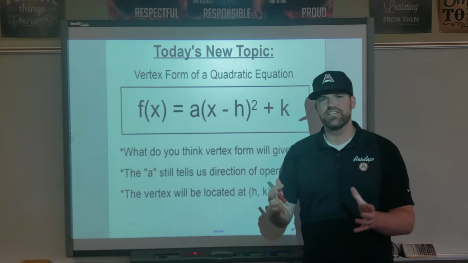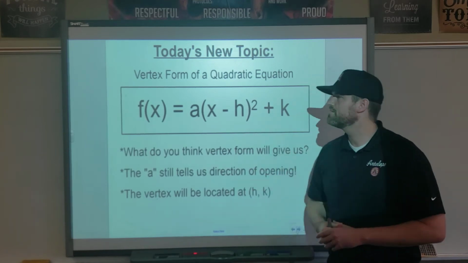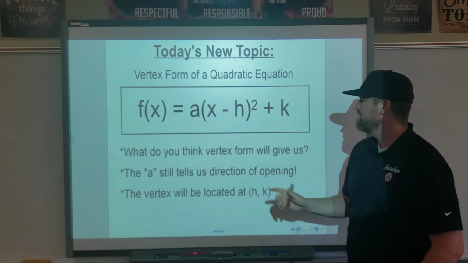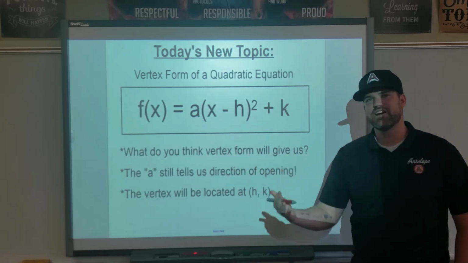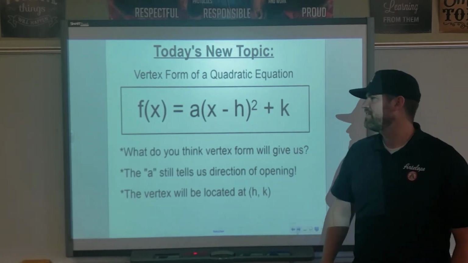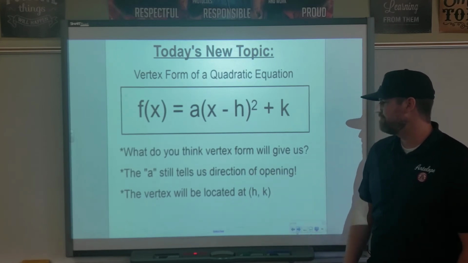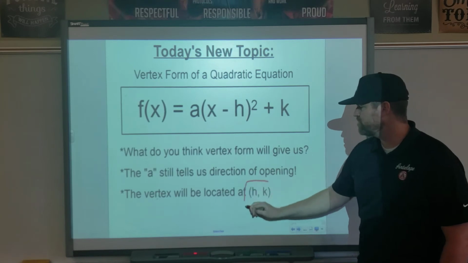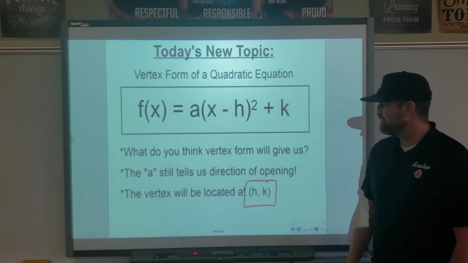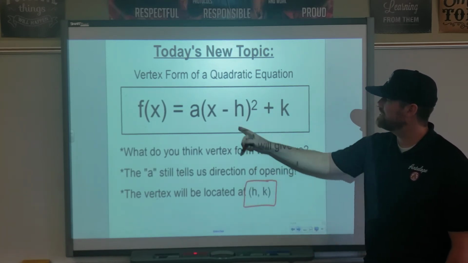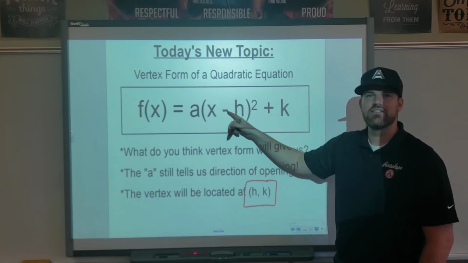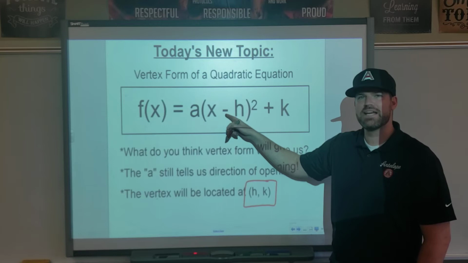All right, so that was a little introduction, tie all of it together, and start to introduce vertex form. So, vertex form will give us, yes, we talked about it, the vertex. The a still tells us up or down, and then the vertex will be located at (h, k). Now what I want you to notice is h is inside the parentheses, and it has minus, a lot like factored form, where it had the minus.